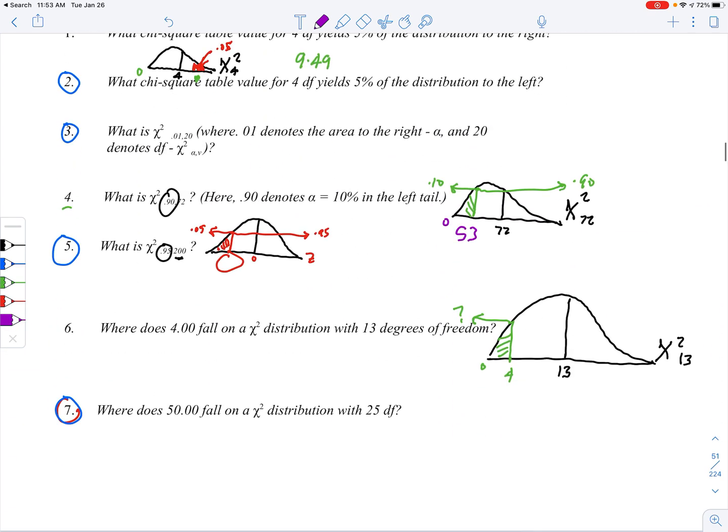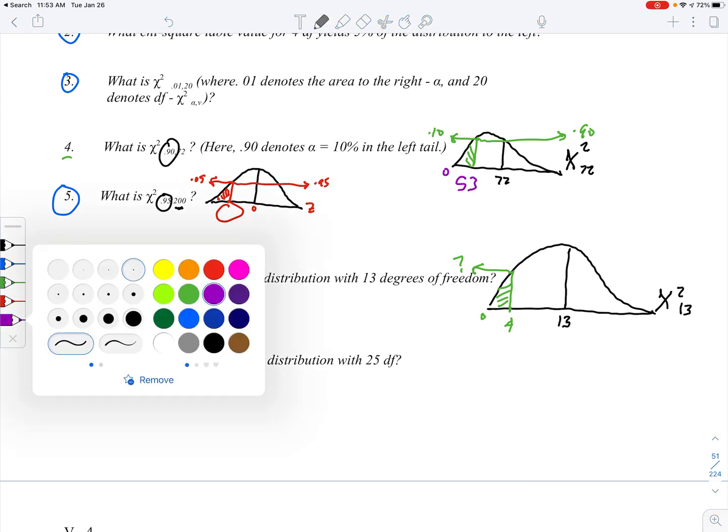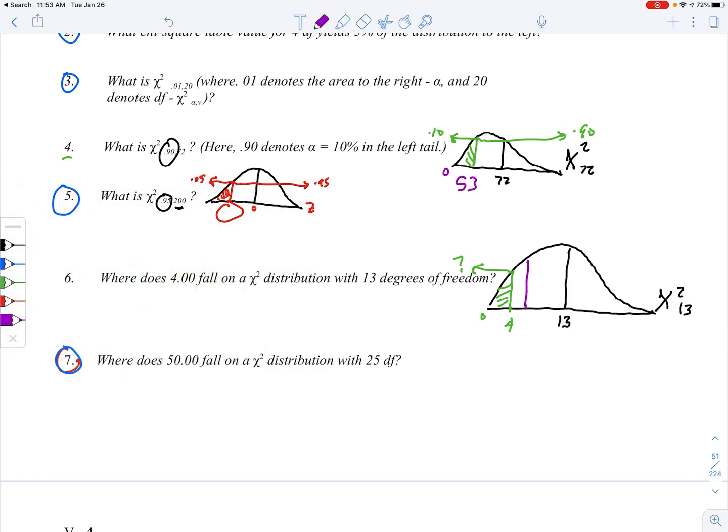So what we've got here is, and this is going to be not to scale, of course. Here's the 3.57, and that corresponds to 1%. Oh, sorry, that would be 3.57 here. This would be 4.11.